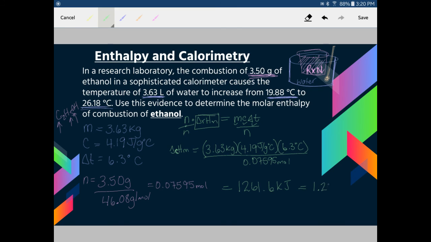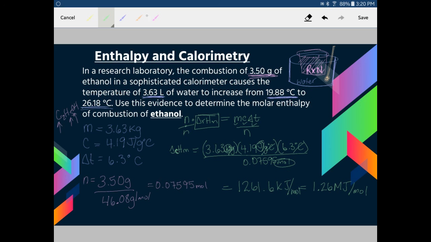And because I have an increase in temperature change, if I'm talking about the molar enthalpy of combustion, now if I look at my unit cancellation, I can cancel out grams, I still have kilo, cancel out grams, cancel out Celsius, I'm going to have kilojoules per mole, or 1.26 megajoules per mole.